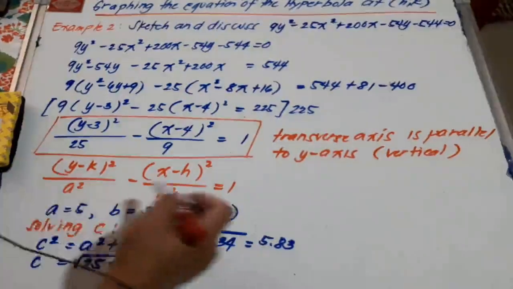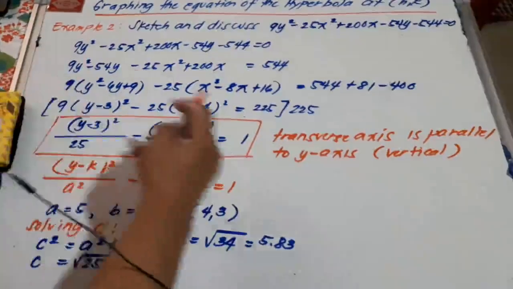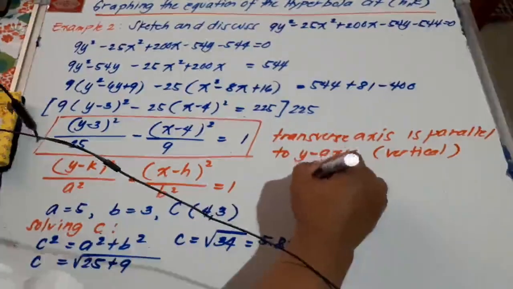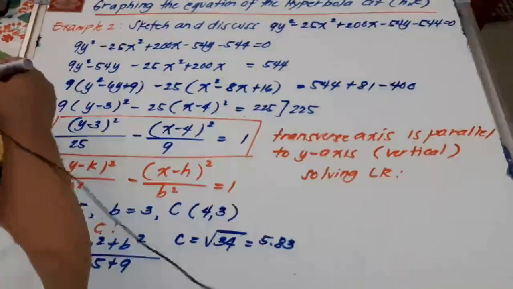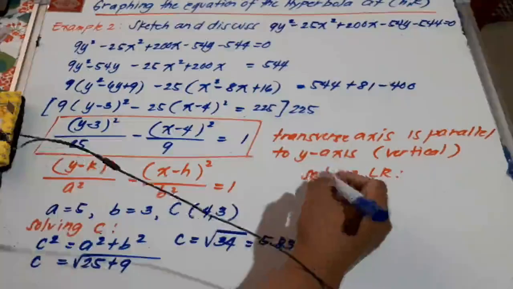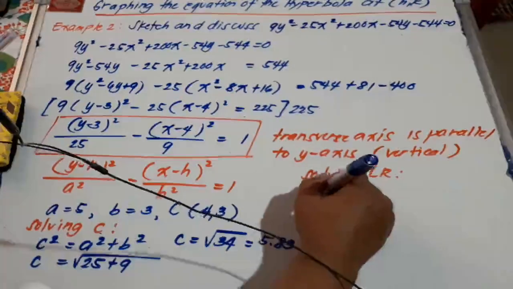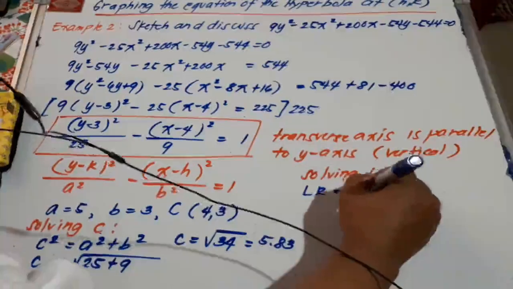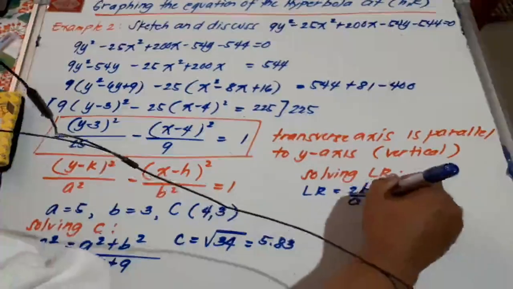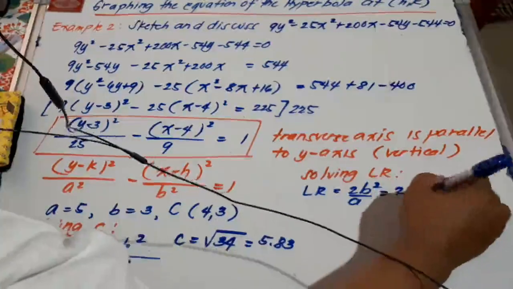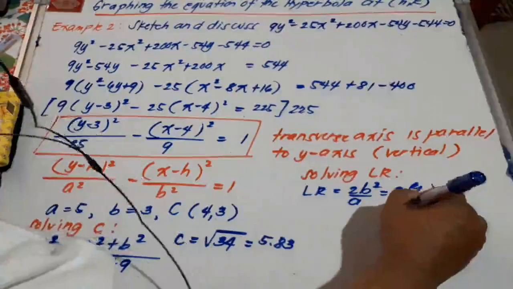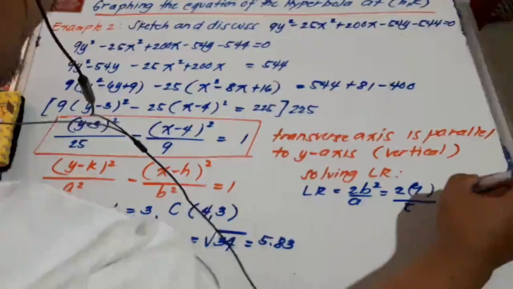Okay, solving LR. LR is 2b squared over a. So, 3 squared is 9. Diretso ko na, a is 5. So, that will be 18 over 5.